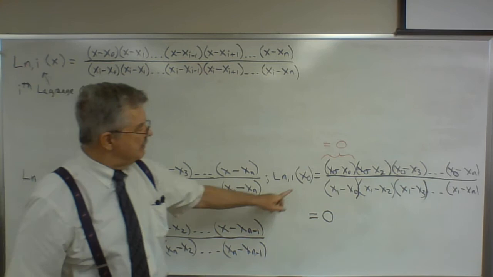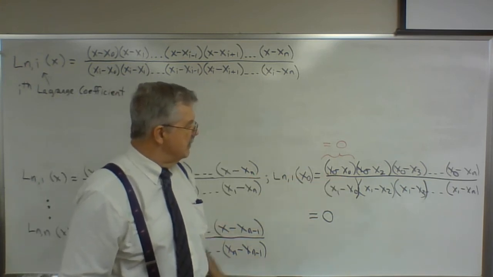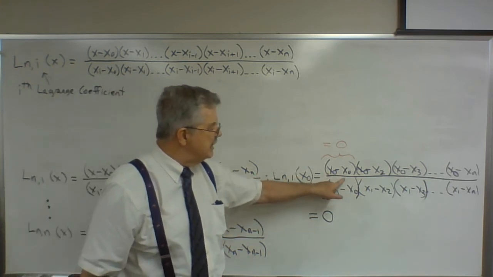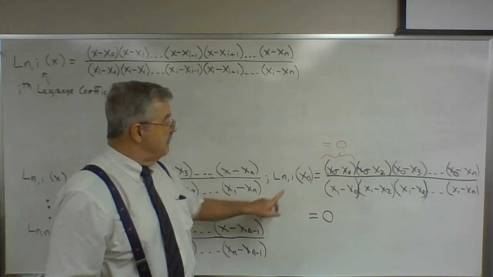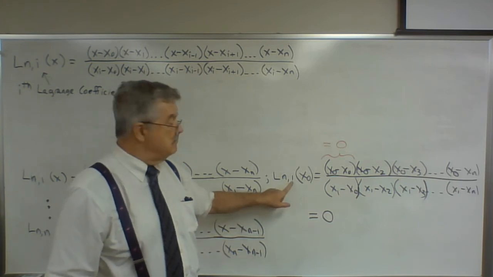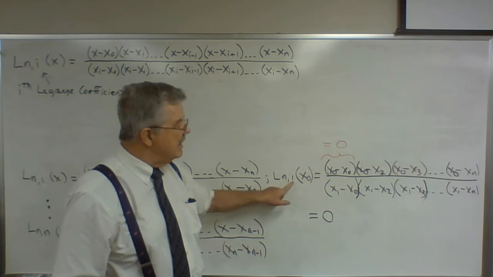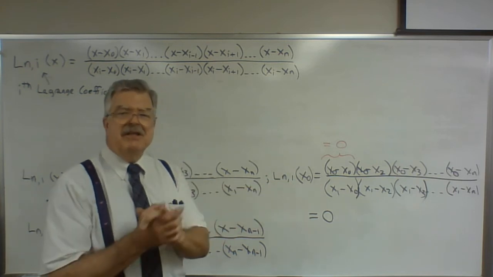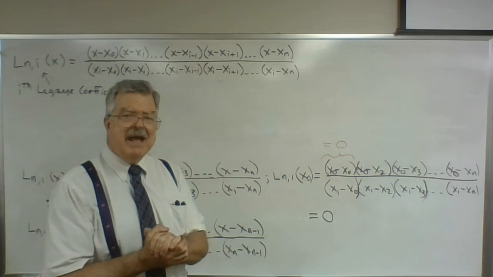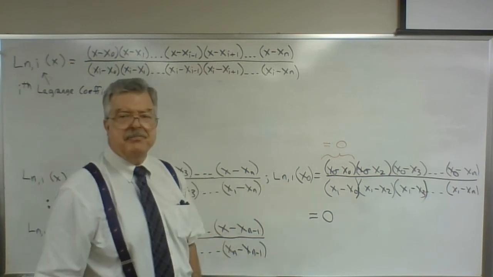If I plug in x of 2 here, I'm going to get 0. If I plug in x of n here, I'm going to get 0. If I plug in x of 1, a subscript that matches this thing, I get 1. But if I plug in the x value of any other data point, I get 0.